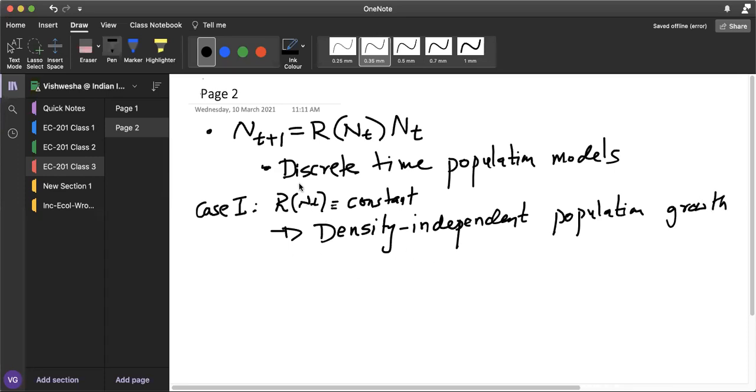Why do we say that? R is a measure of growth rate, and this growth rate doesn't depend on the population density NT. Therefore we call them density independent population growth, and the most classic statement that follows is that in all density independent population growth you have exponential growth of populations.